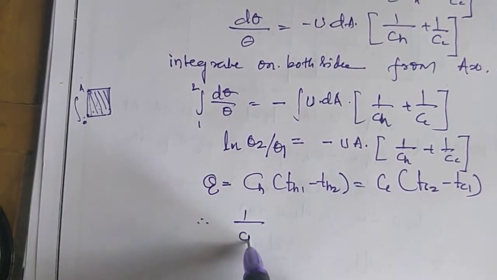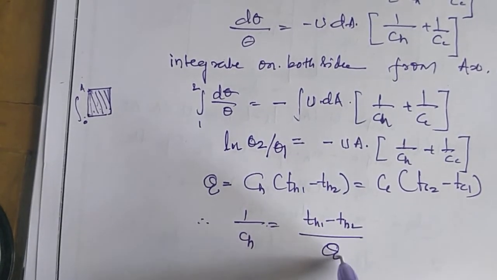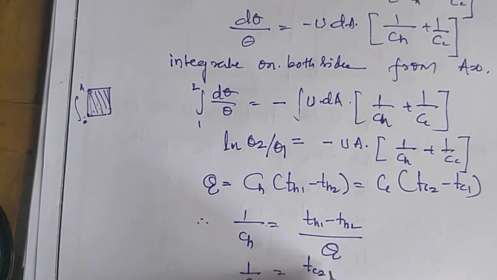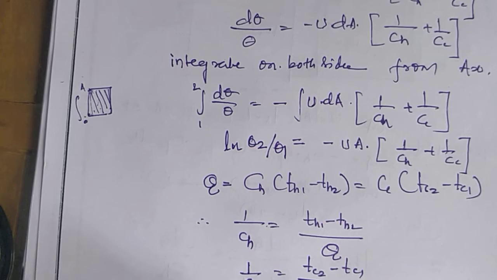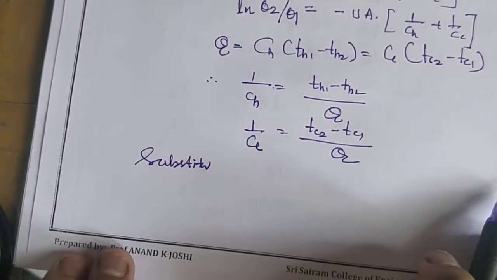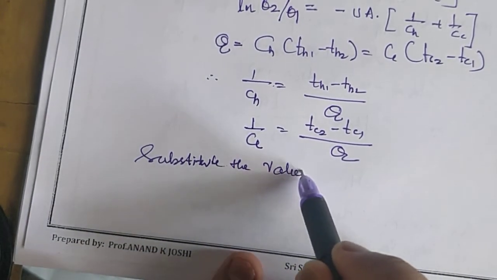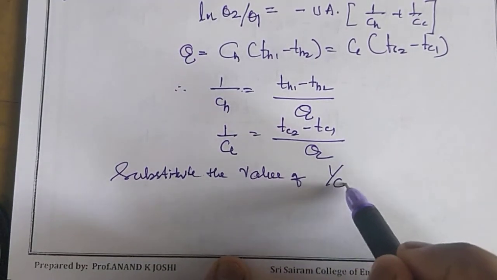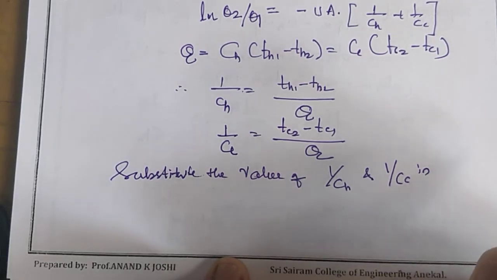Or 1 by CH is equal to TH1 minus TH2 divided by Q, and 1 by CC is equal to TC2 minus TC1 divided by Q. Substituting the value of 1 by CH and 1 by CC in the above equation.